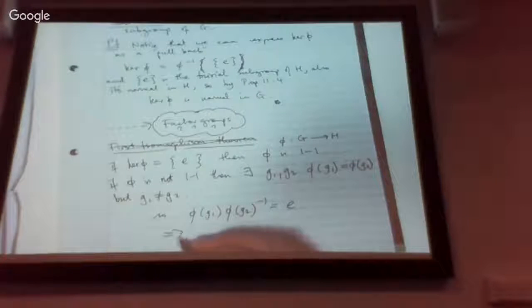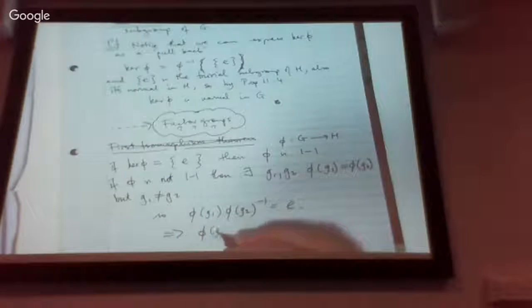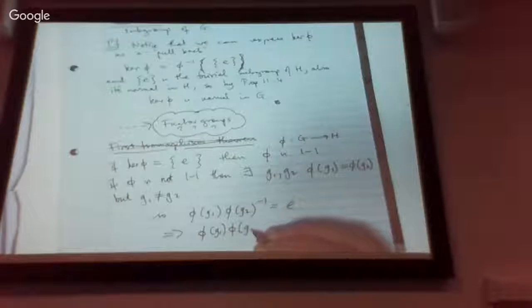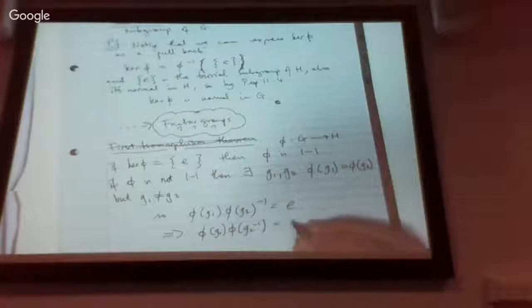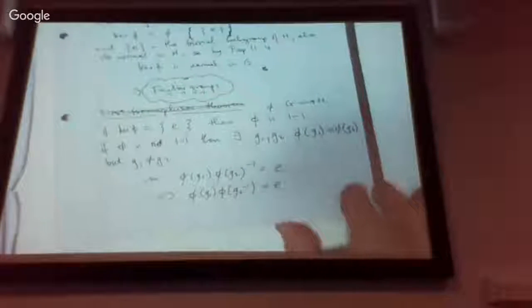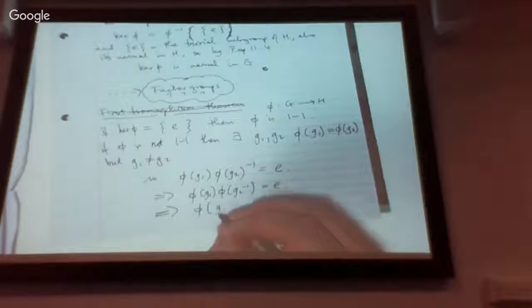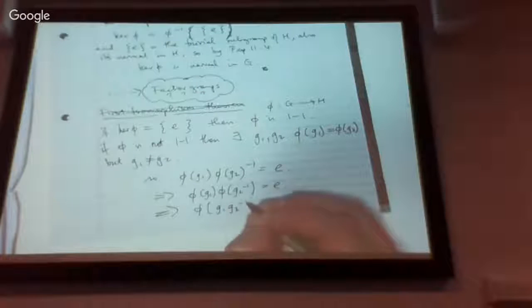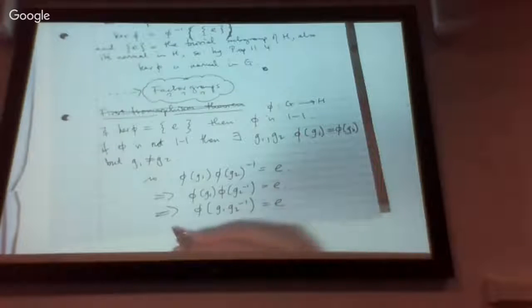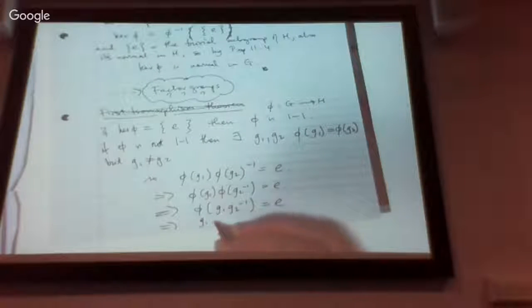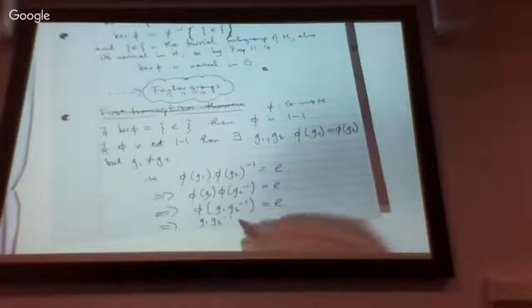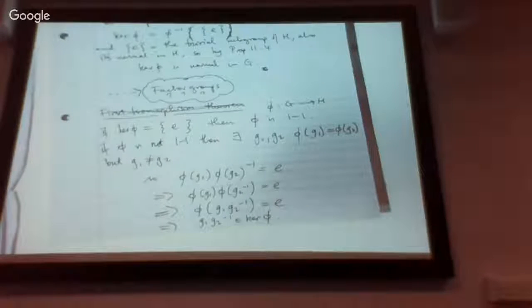But then that implies that phi of g1 times phi of g2 inverse is equal to the identity. But then that would imply that phi of g1 g2 inverse is equal to the identity. So that would imply that g1 g2 inverse is an element of the kernel of phi.